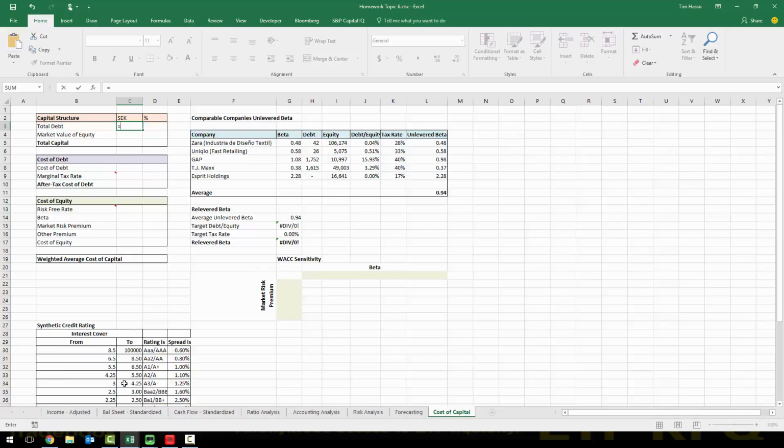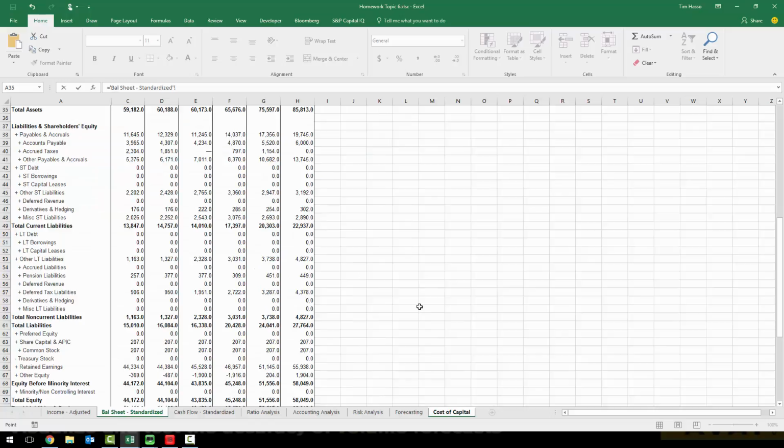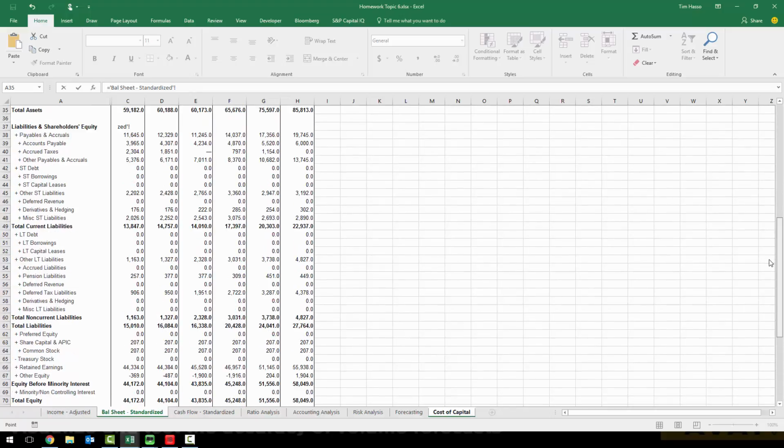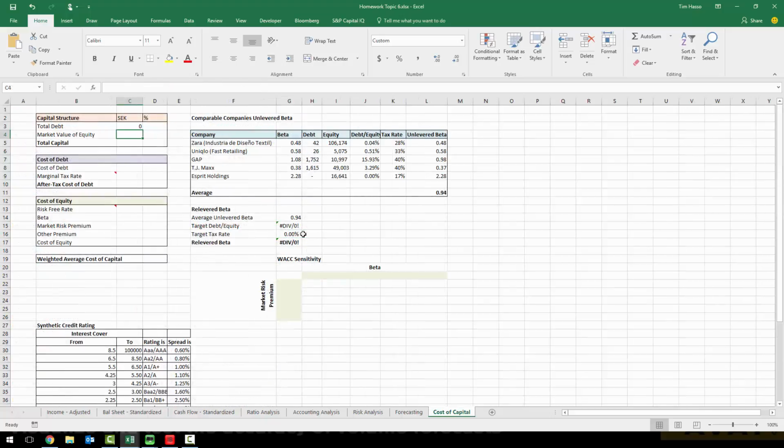So for the total debt, I go equal to, I'll go to the balance sheet, and I'll go for 2015, which is in column H. I'd find their short-term debt, which I have in row H42, and I will add the long-term debt, which is in H50. Again, these are all zero, which means that they have zero total debt. Most other companies will have some form of debt. H&M is quite unique in the sense that it doesn't hold any debt at all.